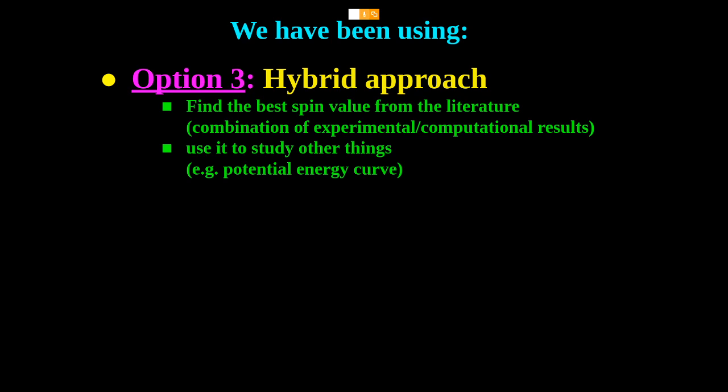Now, instead of a committee like IUPAC, it's just the scientific community coming to a consensus in a more loose way. Our hybrid approach is that we got this value from the literature, and then we did pure calculations using that spin value. So we got the spin value, and then we calculated the potential energy curve.